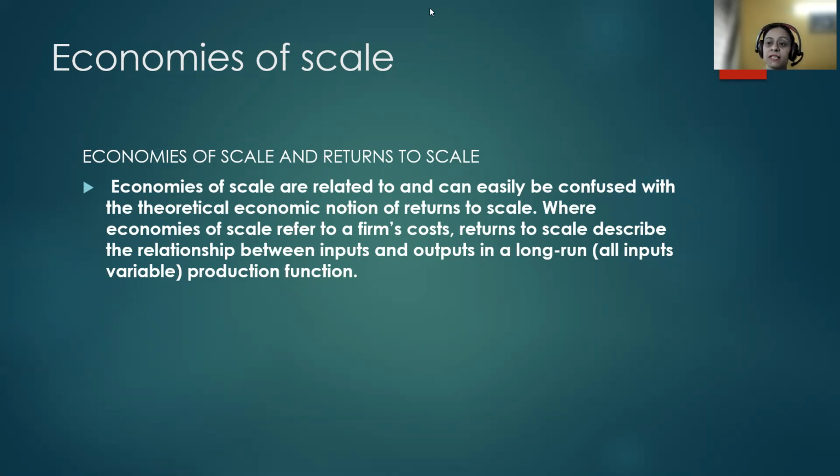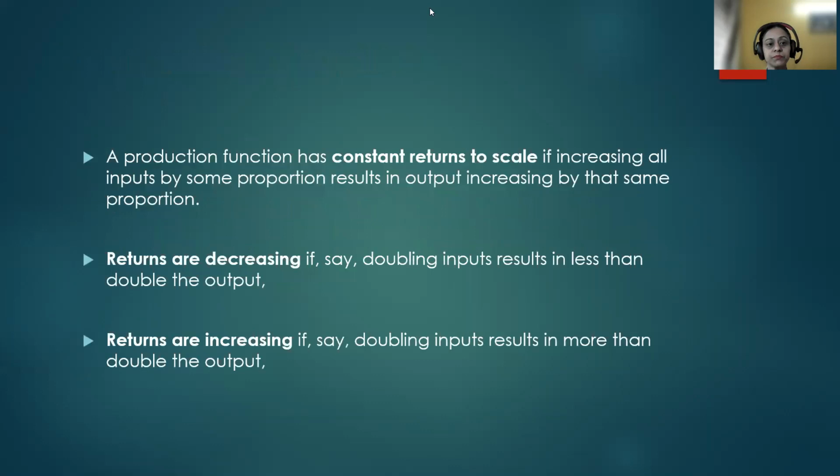Returns to scale, on the other hand, describes the input-output relationship. A production function has constant returns to scale if, for example, on doubling the inputs, we get doubled output.